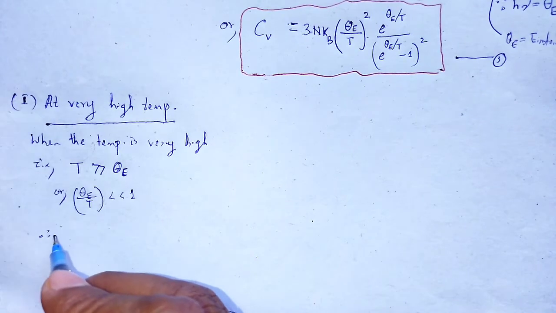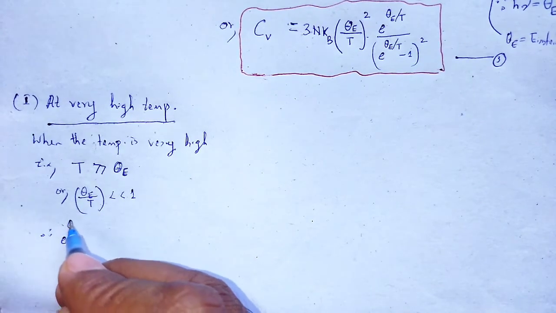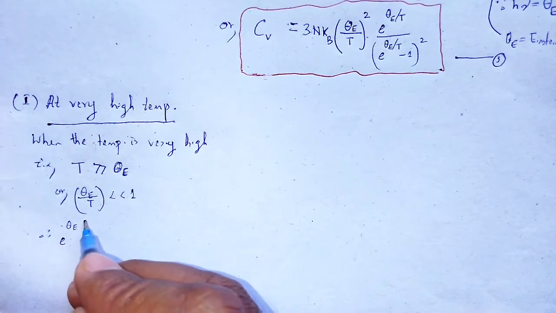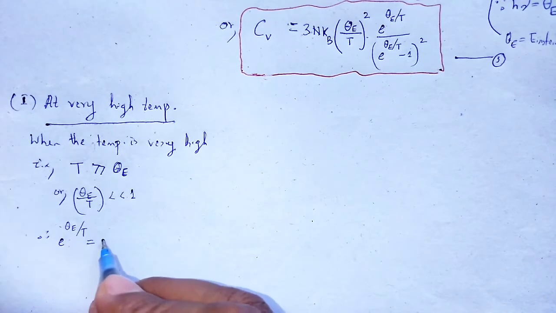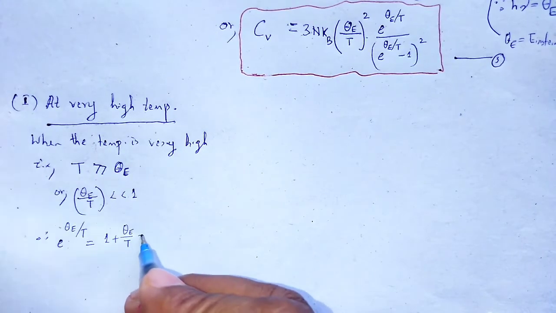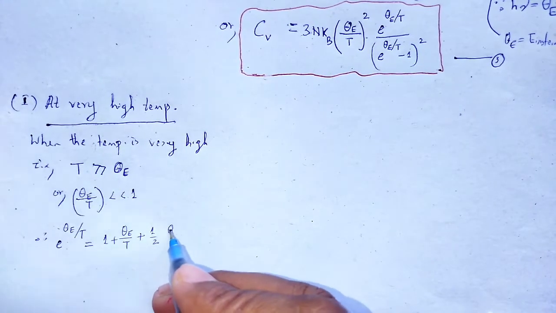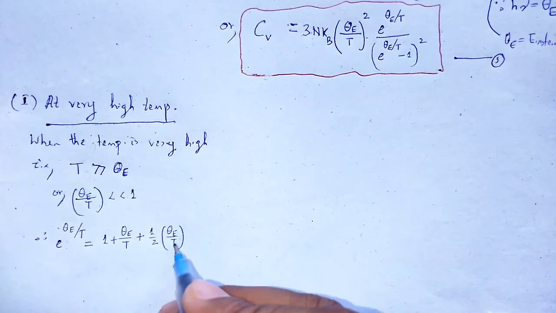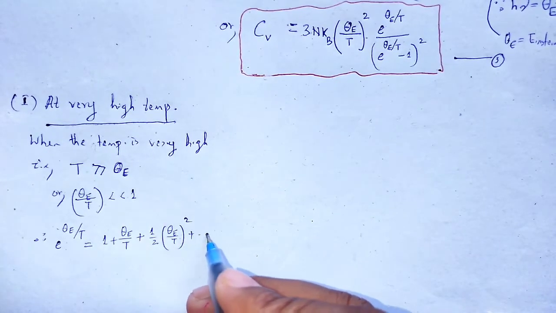Therefore e to the power theta E by T can be expanded as 1 plus theta E by T plus half theta E by T whole square plus dots.